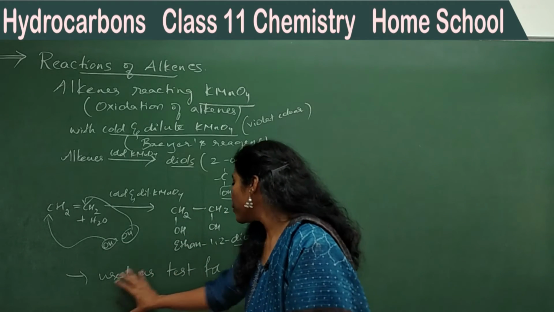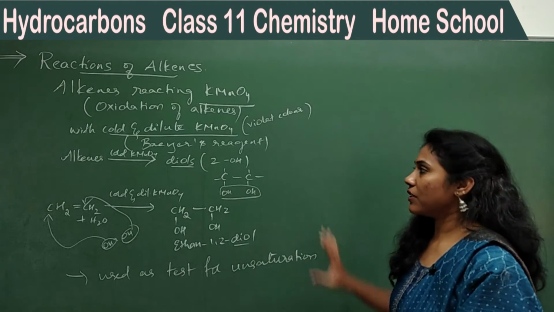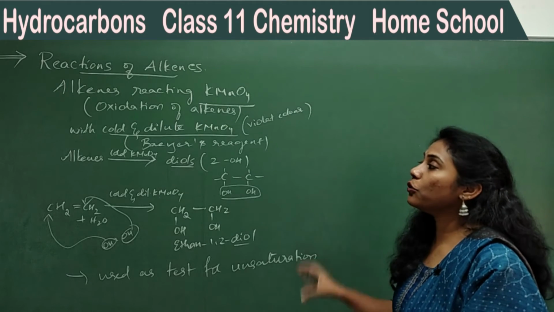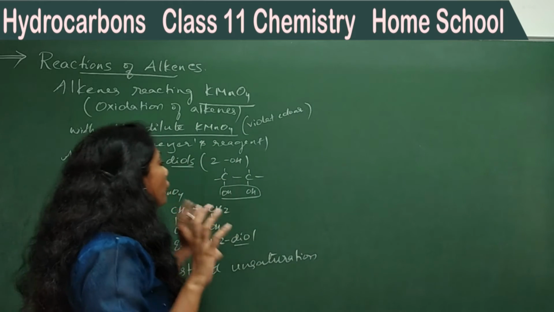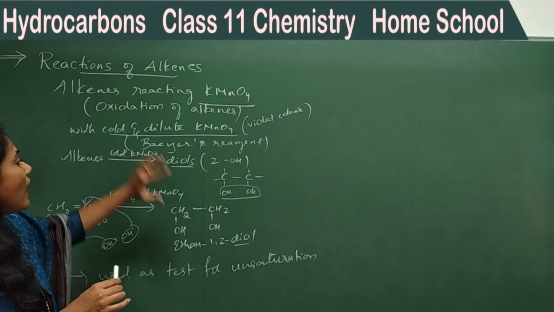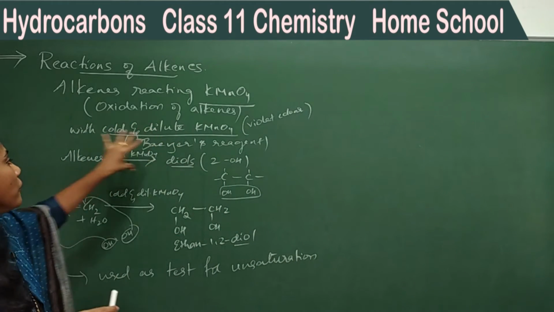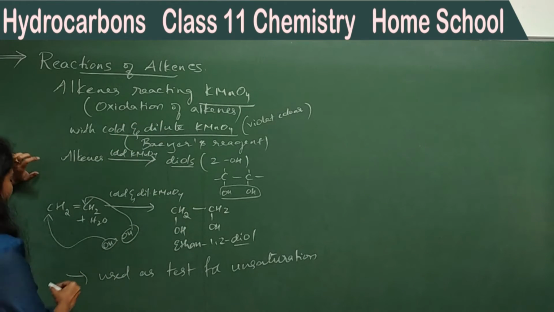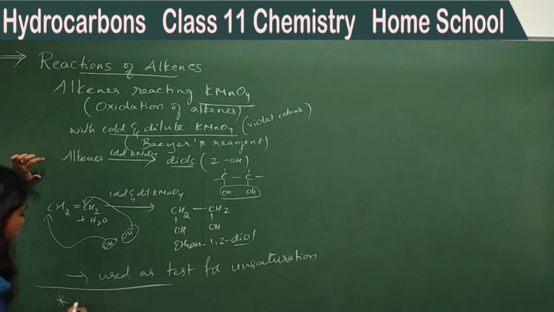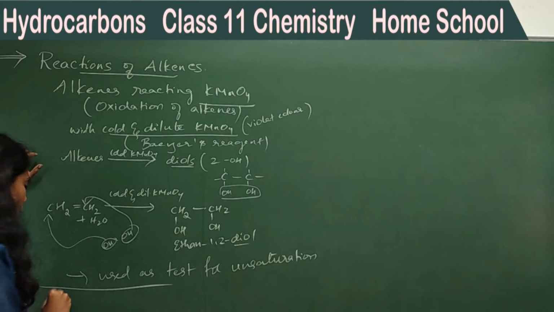So it's very, very important to remember Baeyer's reagent test. Okay, fine. So we have seen how cold and dilute KMnO₄ reacts with alkenes, right? So I'll end this concept with one question. You can try this question and post the answer in the comment section.